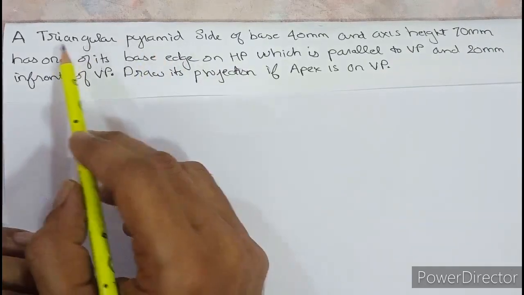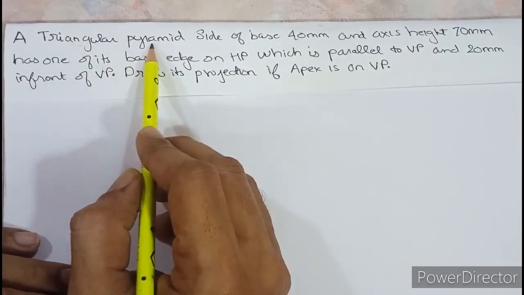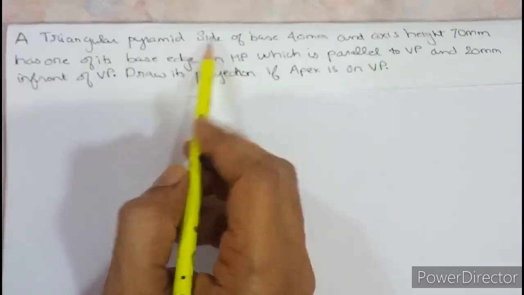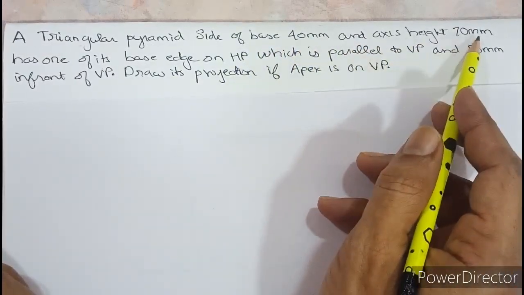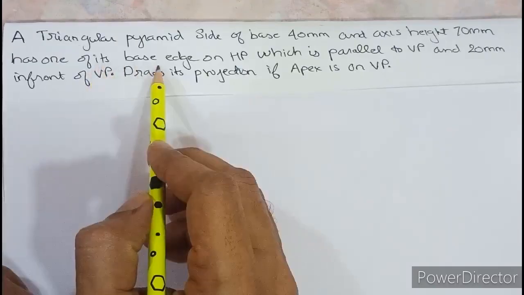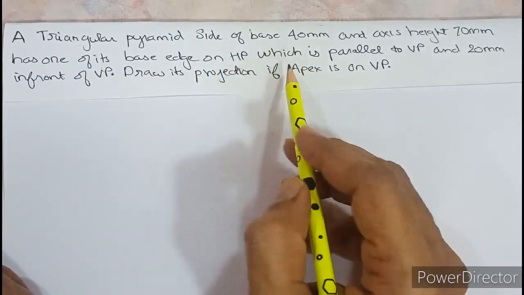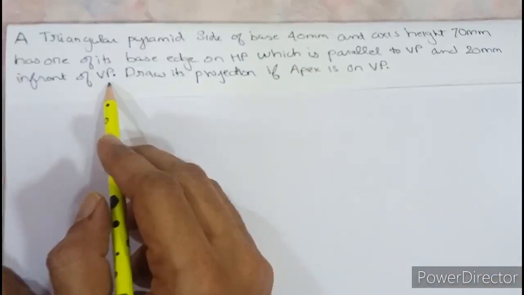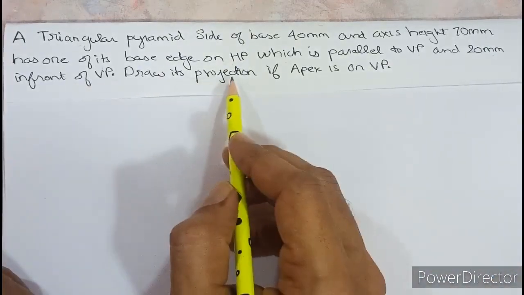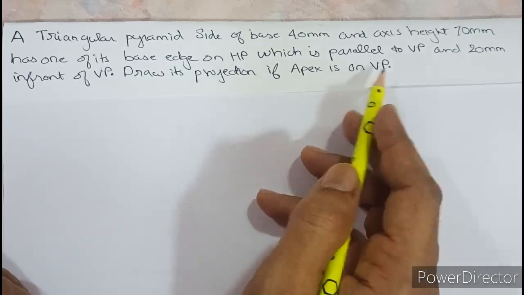So the next question is, a triangular pyramid, side of base 40 mm and axis 70 mm, has one of its base edges on HP which is parallel to VP and 20 mm in front of VP. Draw its projections if the apex is on VP.